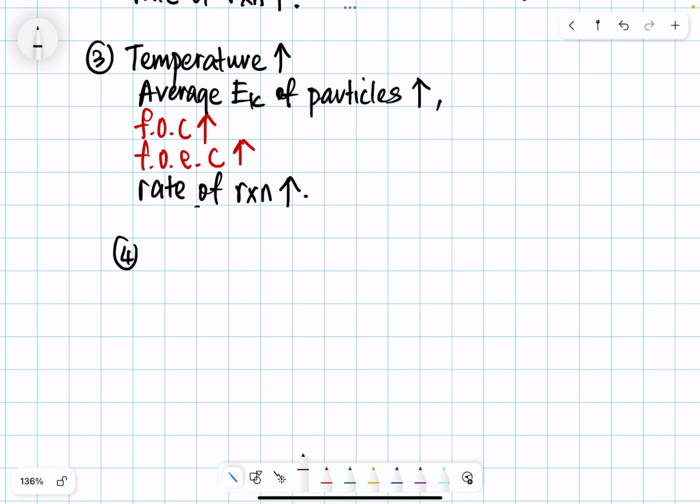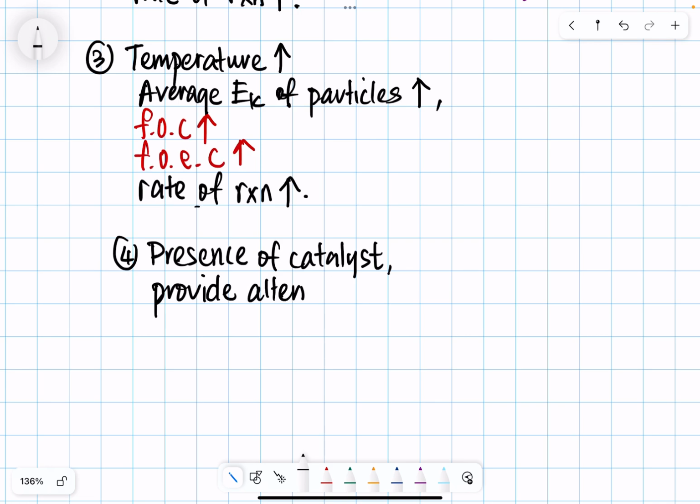Lastly, our dear catalyst, the presence of the catalyst. When you have a catalyst present, what is it going to do? It is going to provide an alternative pathway for your reaction, but this time the alternative pathway has a lower activation energy. You may write a symbol like this one with the EA.